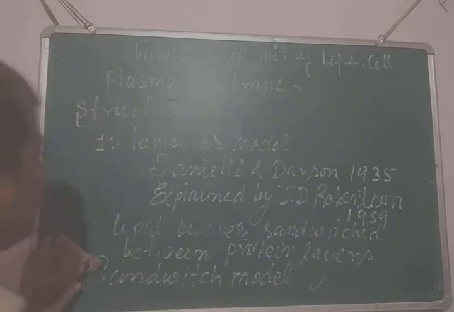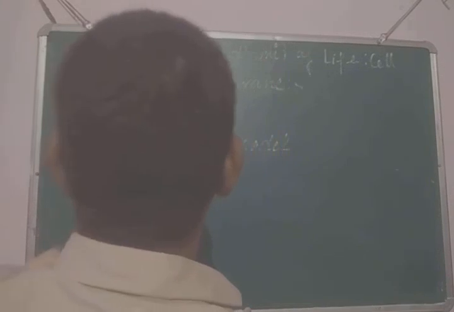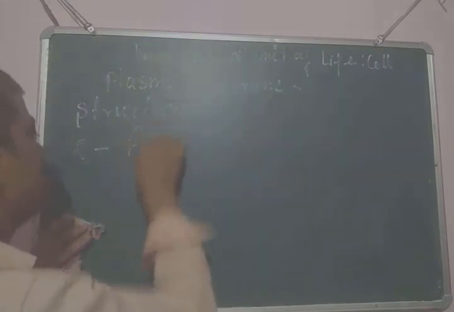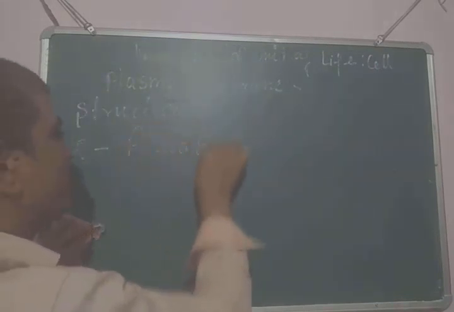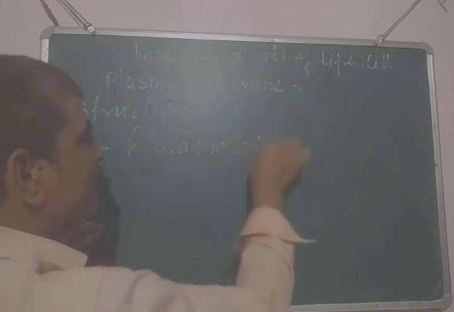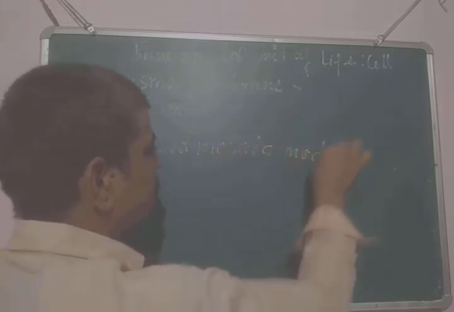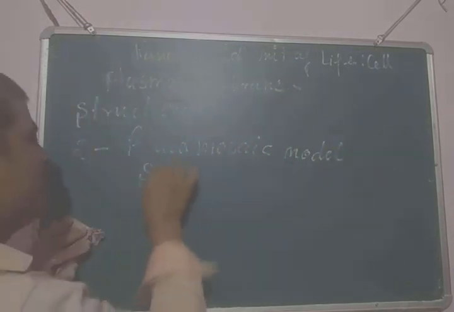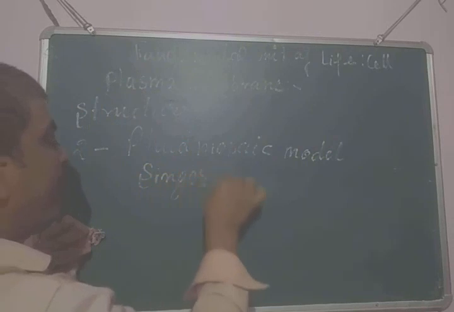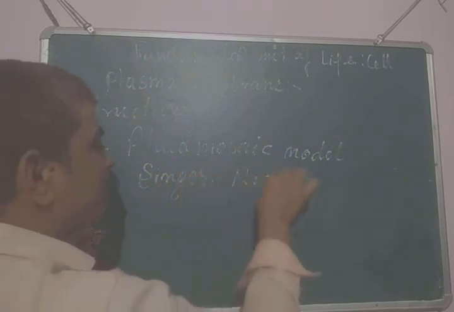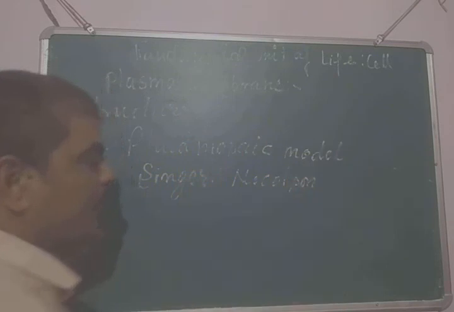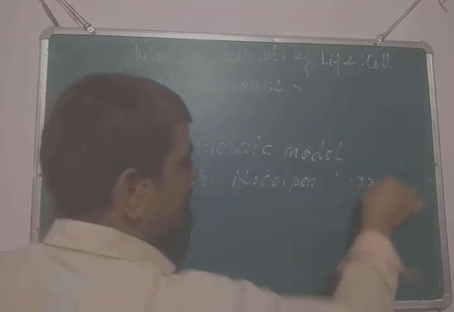Later on, a second model came, and this second model was called the fluid mosaic model. This fluid mosaic model was proposed by Singer and Nicholson in 1972.